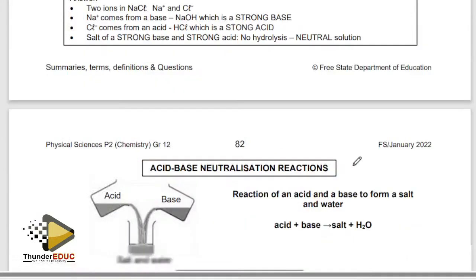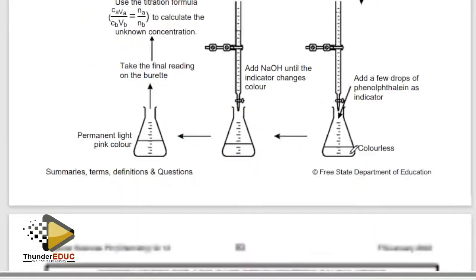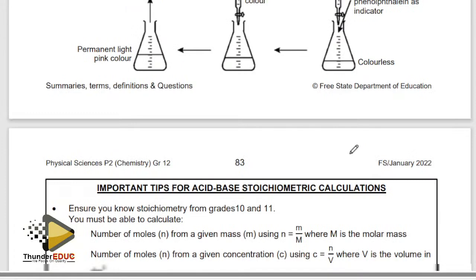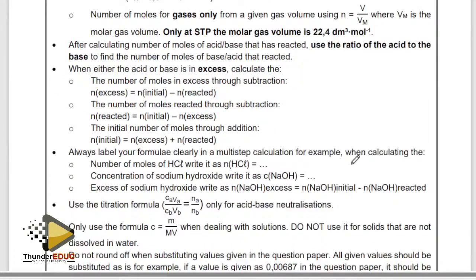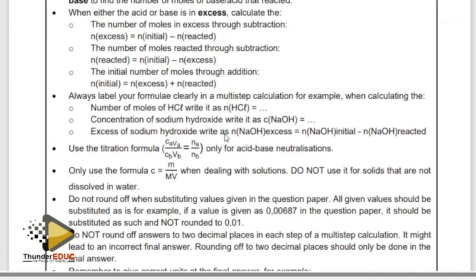Then calculation is also simple. You know how to use this. Whenever they give you, find the number of moles of this, find the number of moles of this, and when you fill in, it will be only one part which is supposed to be replaced. So make sure that you know how to manipulate that.